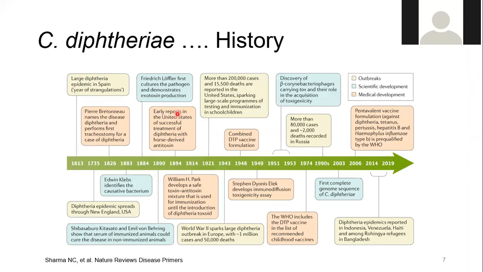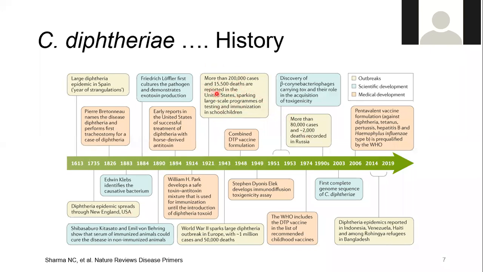In terms of history, this goes all the way from 1613 to 2019, with the main outbreaks that have taken place. We had a large outbreak in Spain in the year 1613, an outbreak in 1735 in North England, and an outbreak in 1921 where there were more than 200,000 cases and 15,000 deaths in the US.